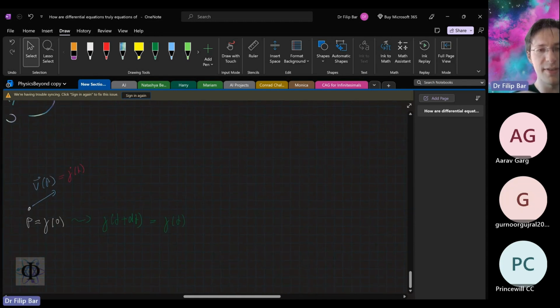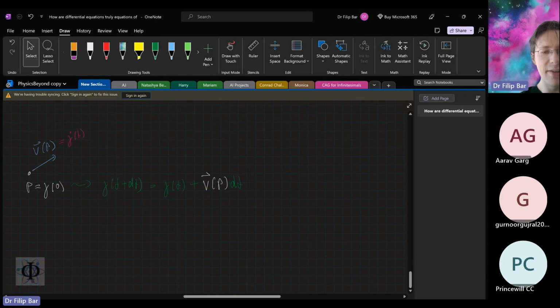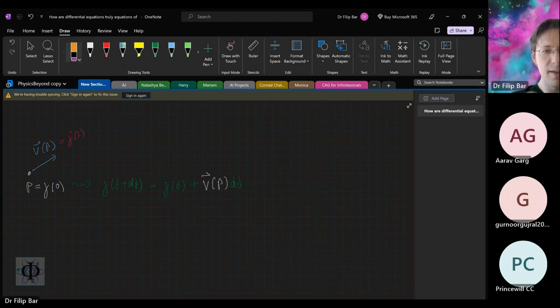So now I can do the same thing again and just substitute. Okay, so this is now v of p. Well, I know what this is, and of course I need to multiply that with the infinitesimal time step dt. But the great thing is that I know this value. Gamma t is just p. Sorry, I mean one step ahead, which I did not pay attention to.